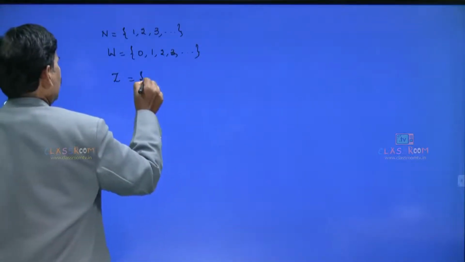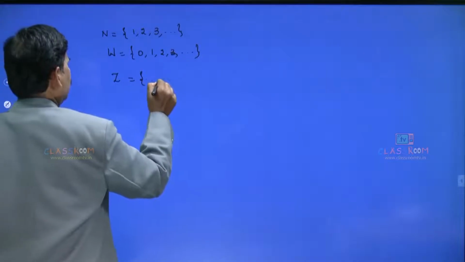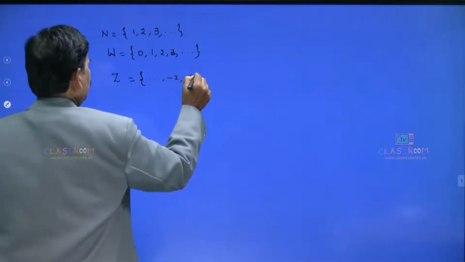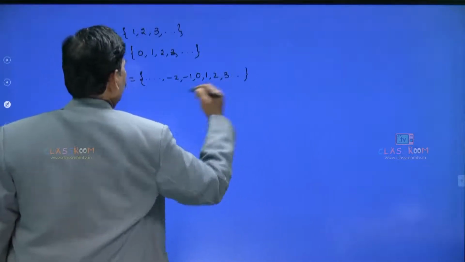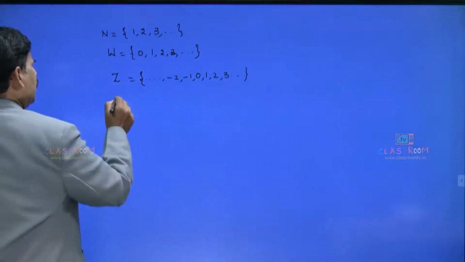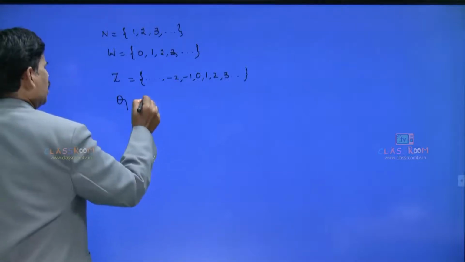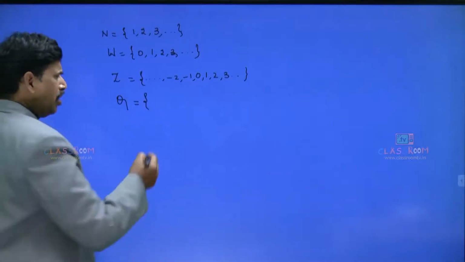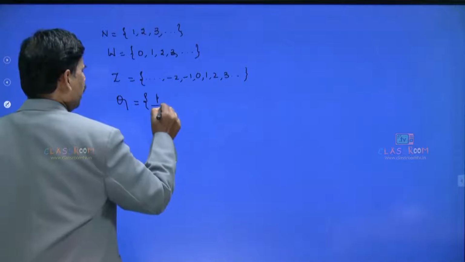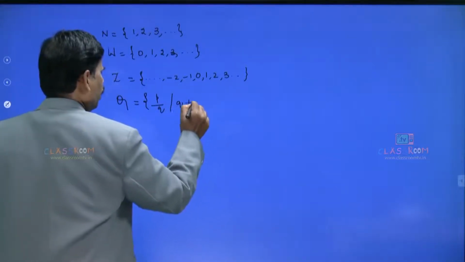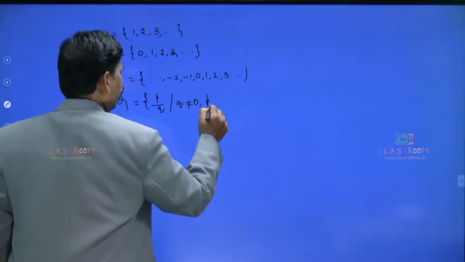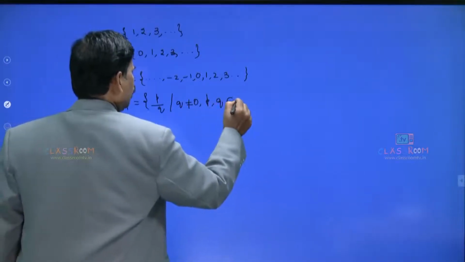And then we learned about integers, so they are the negative numbers, 0, 1, 2, 3 like that, positive numbers. And then we learned about the rational numbers. The rational numbers are in the form of p by q, where q is not equal to 0 and both p and q belong to integers.